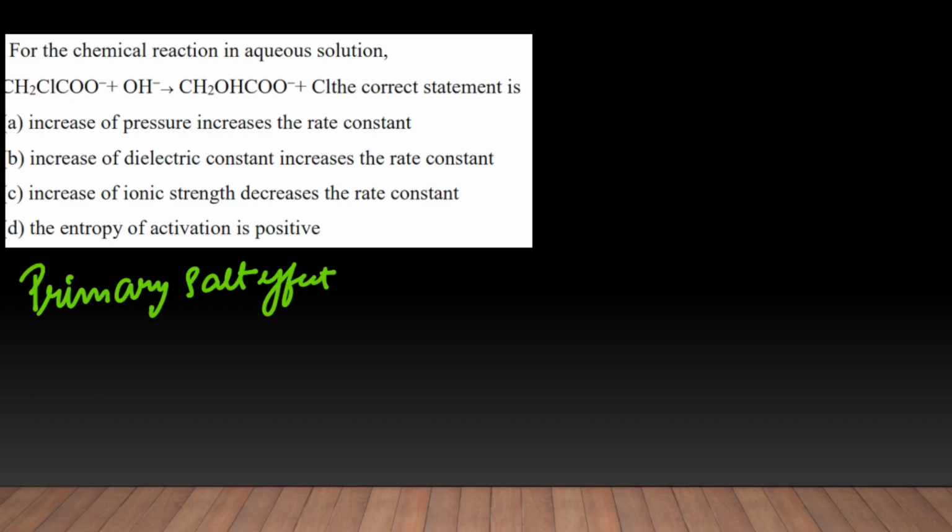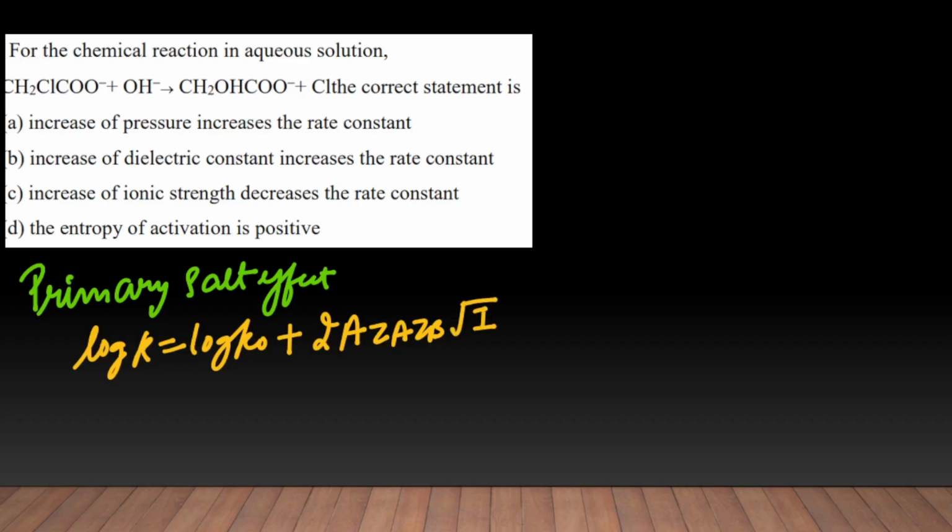According to this, the expression that we get is log of K equal to log of K naught plus 2a times ZA into ZB into the root of ionic strength. If I see a plot for log of K by K naught, this will be equal to 2a times ZA into ZB into the root of ionic strength.